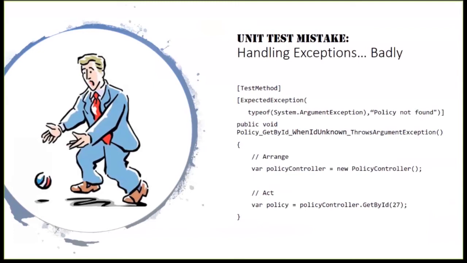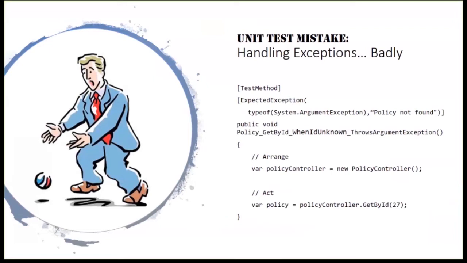Anything wrong with that? What does this argument here do? The second argument of the expected exception is the message that pops up when it doesn't fail. Yeah, it's a message displayed essentially. Okay, well, is this a good one then? Not necessarily. Here's what a lot of people think: that this argument should have this message, and that it checks not only that that exception gets thrown, but that this message is correct.